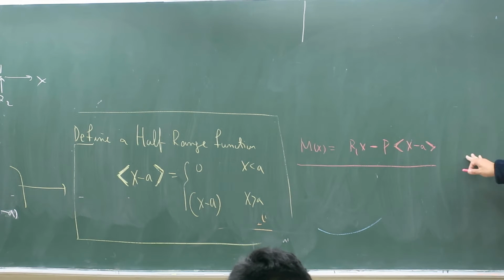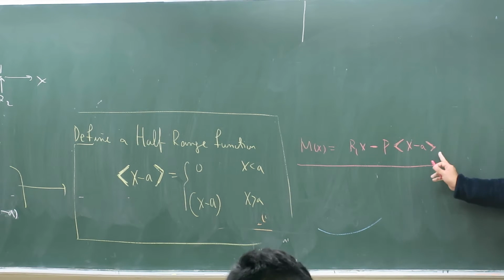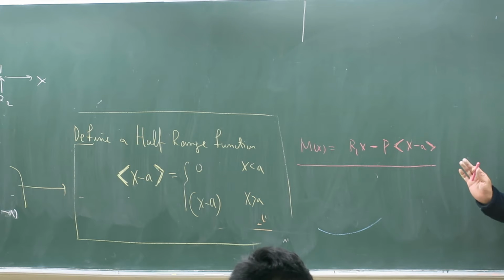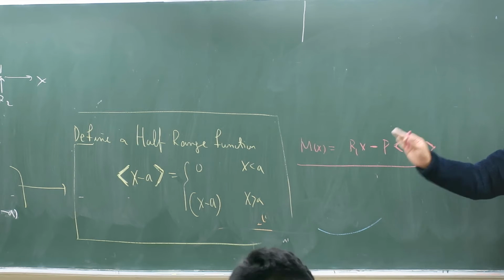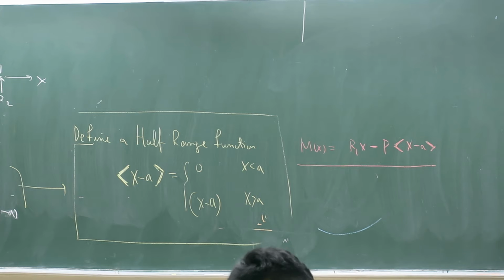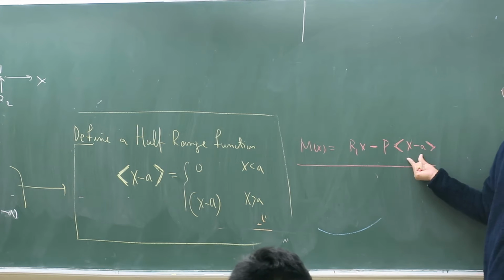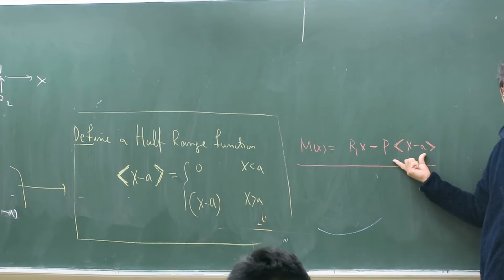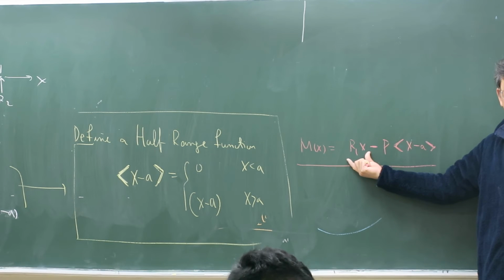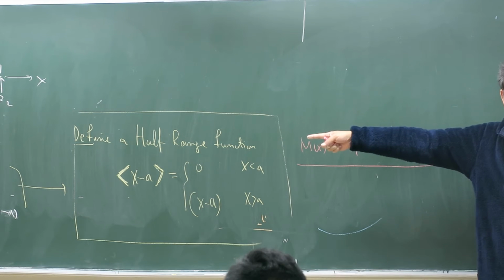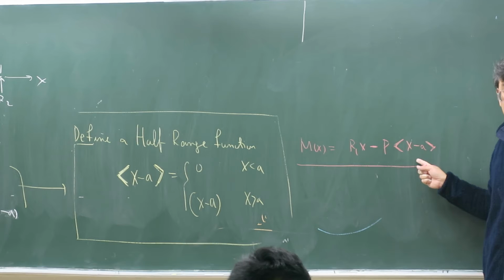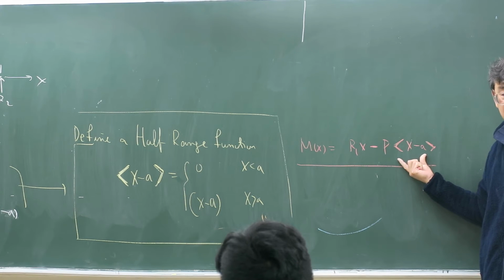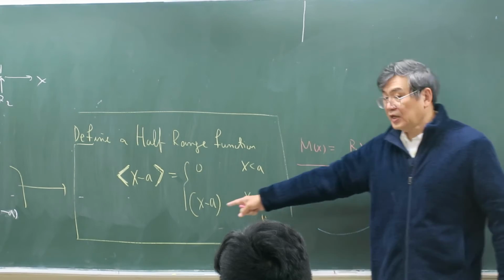So one equation, this equation can handle the whole domain for x smaller than a and x larger than a. Because for x smaller than a, this term equal to 0. The only R1x will be that one. For x larger than a, this bracket, this triangle, the half range function equal to x minus a.